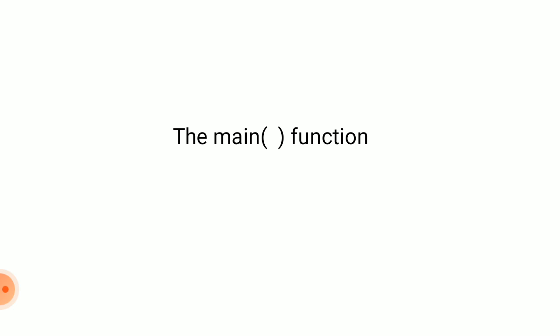After main, you should not give any semicolon, full stop, comma, anything. Just main and the parentheses, an opening parenthesis and a closing parenthesis, or you can say brackets. That means each instruction and declaration should be stored in that function only.